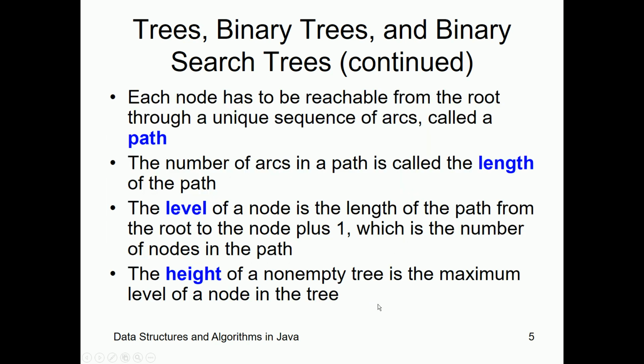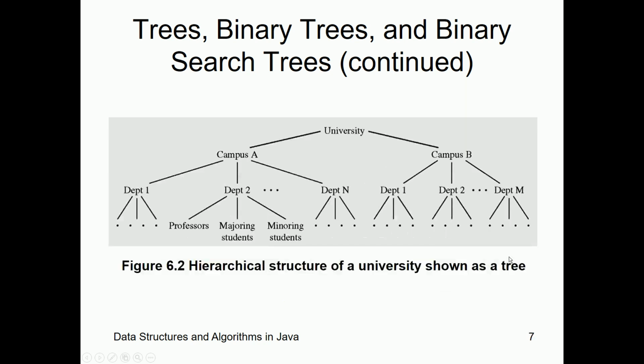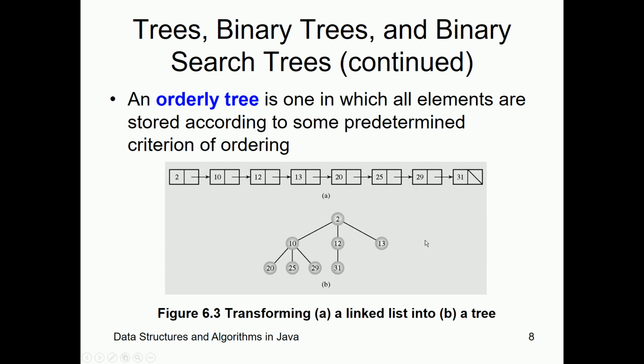And the height is the maximum number of levels. There are some kinds of words we're going to see and use later on, but these are different types of trees. What we're going to be looking at mainly and using are binary trees. But let's talk about them later.